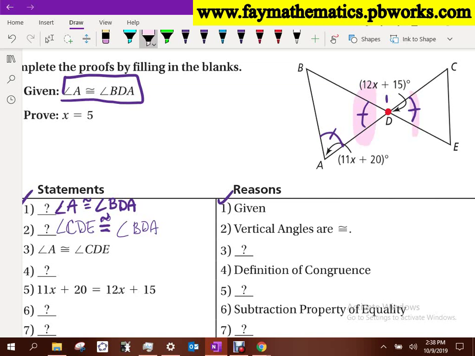I can't undo that one mark by putting 2 marks in it. Does that make sense to everybody? In statement number 1, it has already been shown to have one mark. So in statement number 2, I need to abide by it having one mark. So if these two are congruent, this one has to have one mark. Does that make sense to everybody? What I want to say here is I don't want to do this.